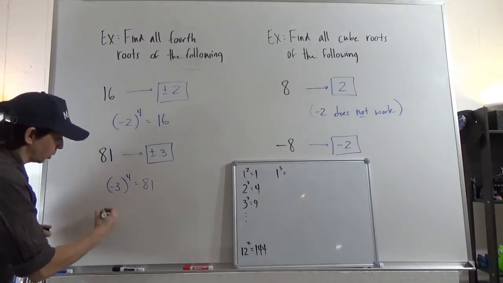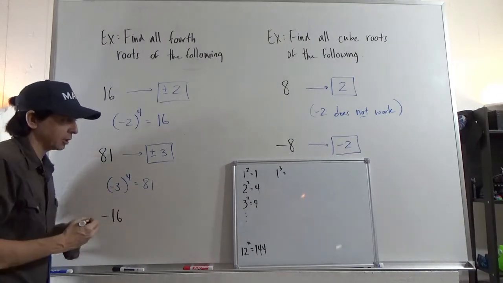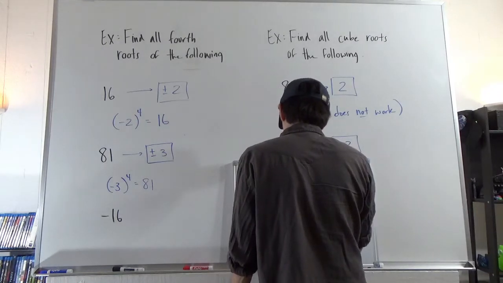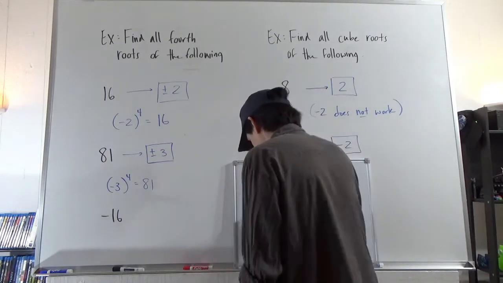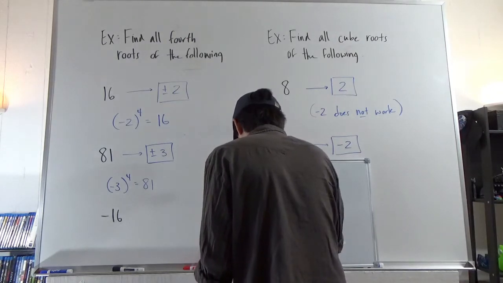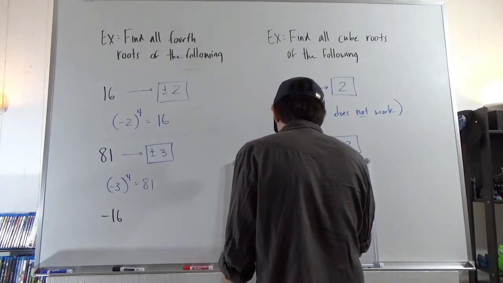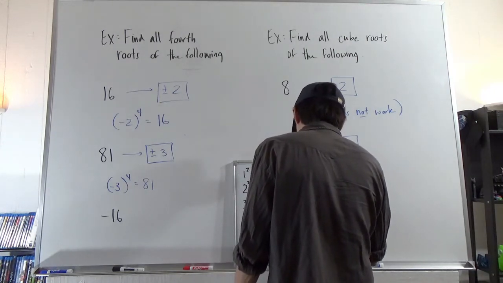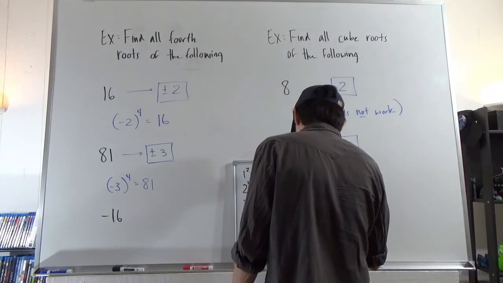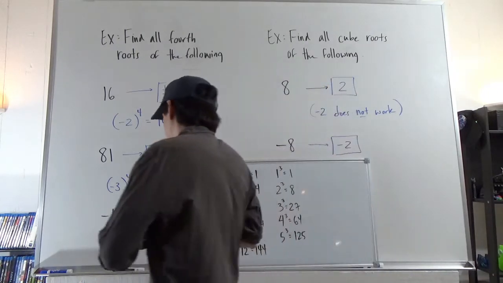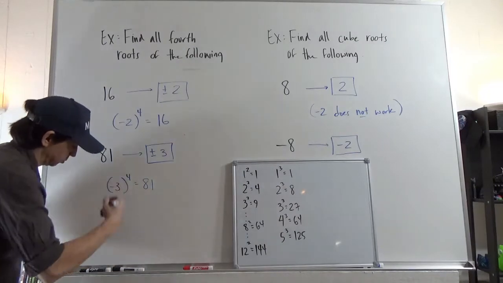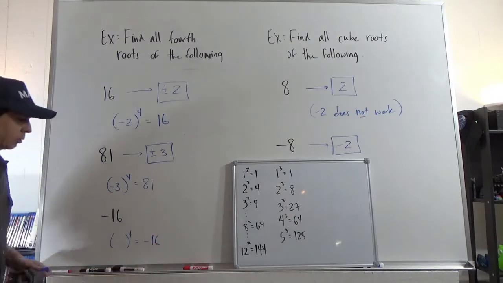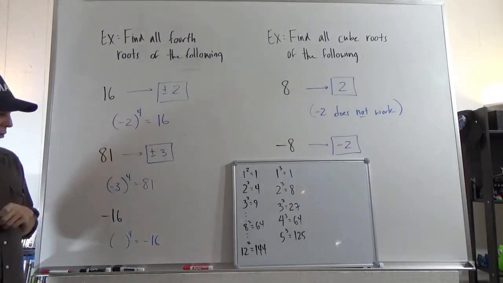One more. Go ahead and do all 4th roots of negative 16. Okay, so what raised to the fourth power will give me negative 16? 2 does not work. 2 will give me positive 16.